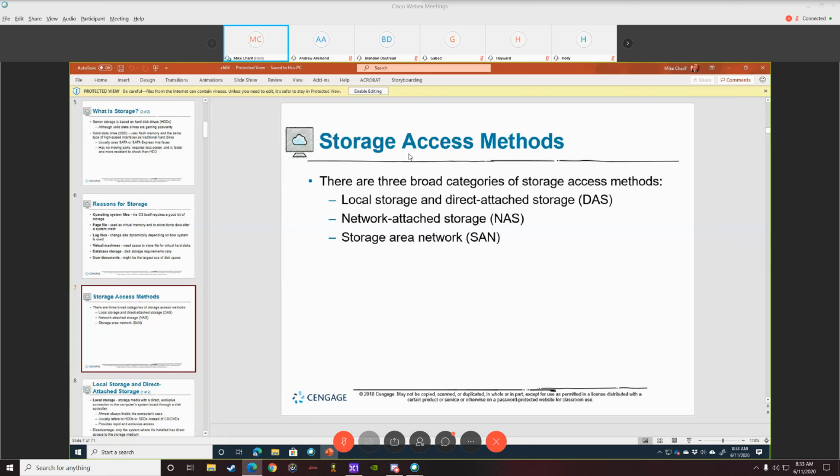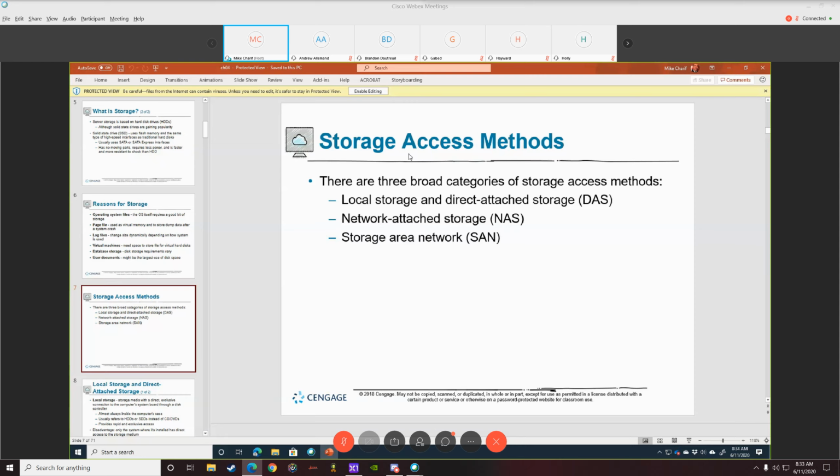Now the big question: how are we going to access the storage? And that's the answer right here.